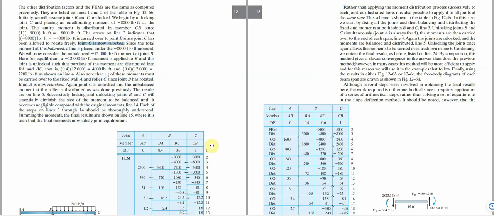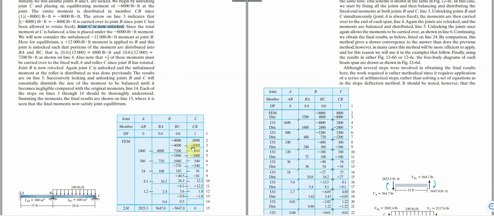What is this trying to say is that we take half of what we have here. Firstly, we multiply this one times negative of this, that's minus 8,000. Then we take half of what we have here and transfer it to this side, which is minus 4,000.